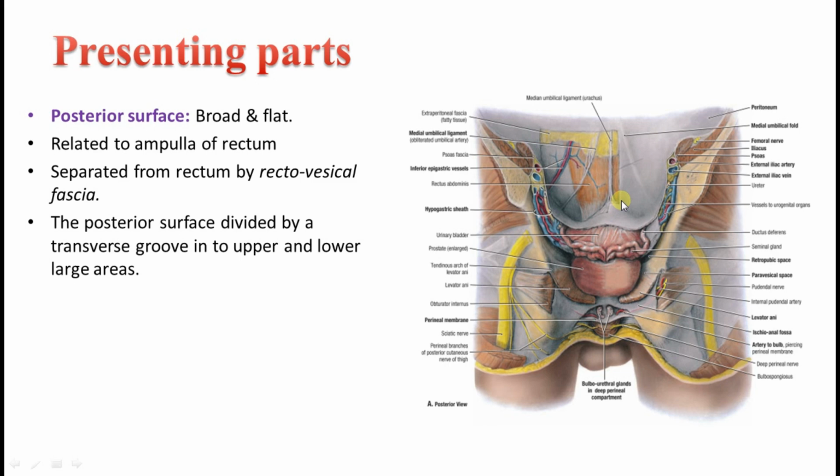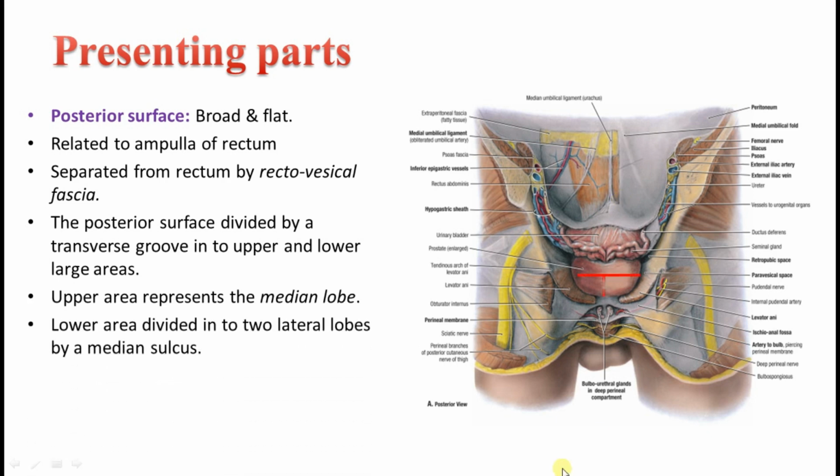So the posterior surface is divided by a transverse groove into an upper part, which is actually the median lobe, and the lower part is again divided by a vertical groove into two lateral lobes.